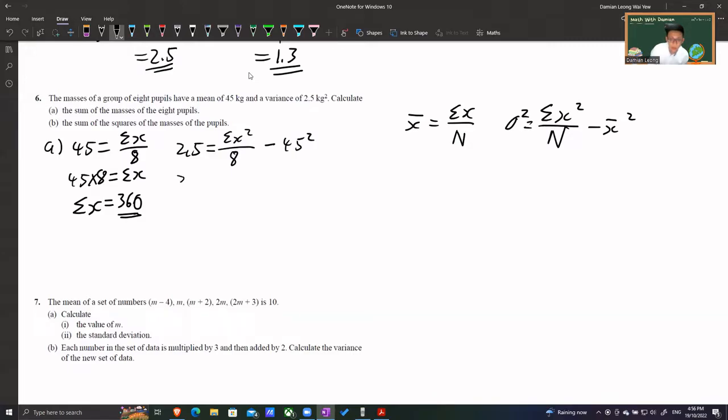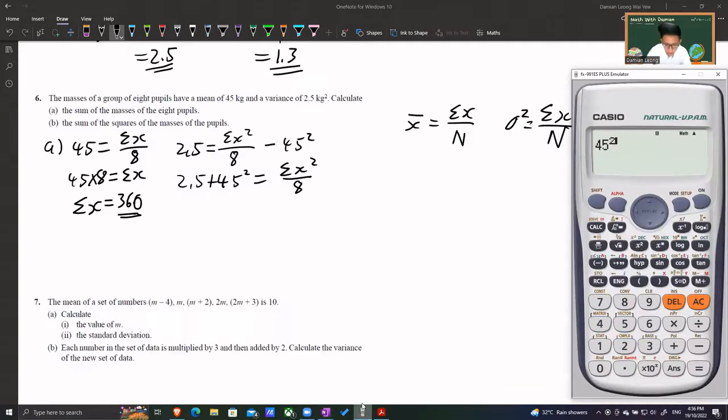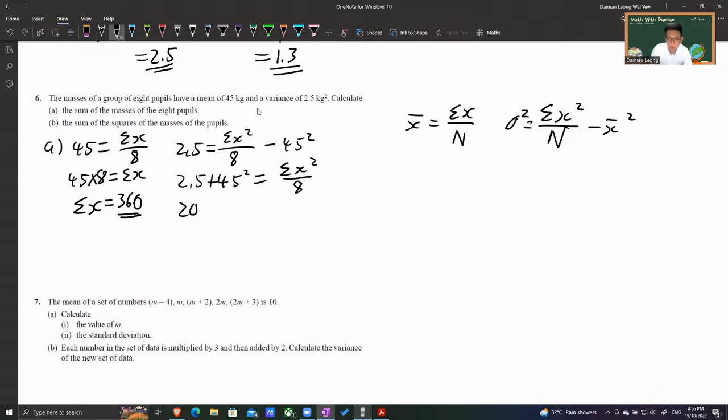So minus 45 square, bring over, opposite plus, equals sum of x squared over 8. So I count 45 square plus 2.5 is 2027.5.